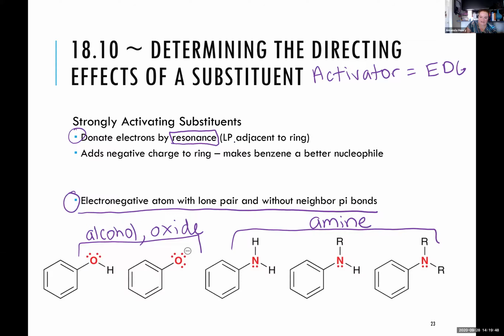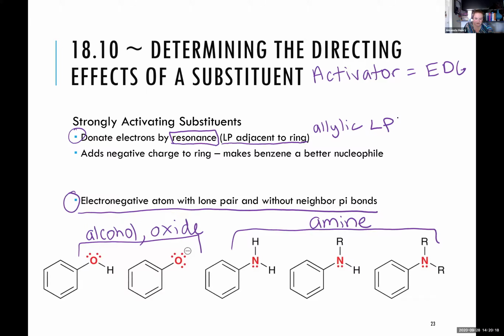And they're able to donate electrons through resonance because there's a lone pair next to the ring. So because we have a lone pair adjacent to a pi bond, or if we're thinking back to our chapter where we learned about resonance categories, this is an allylic lone pair that falls into one of our resonance categories. So that's why it's able to.